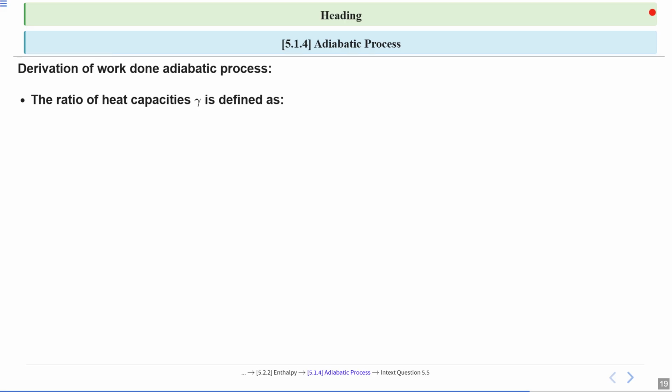Our next task is to define a value for Cv. We already know gamma is equal to Cp by Cv. Then, using the relation Cp minus Cv is equal to R, we can write gamma Cv minus Cv is equal to R. We have simply multiplied gamma with Cv and subtracted it from Cp.